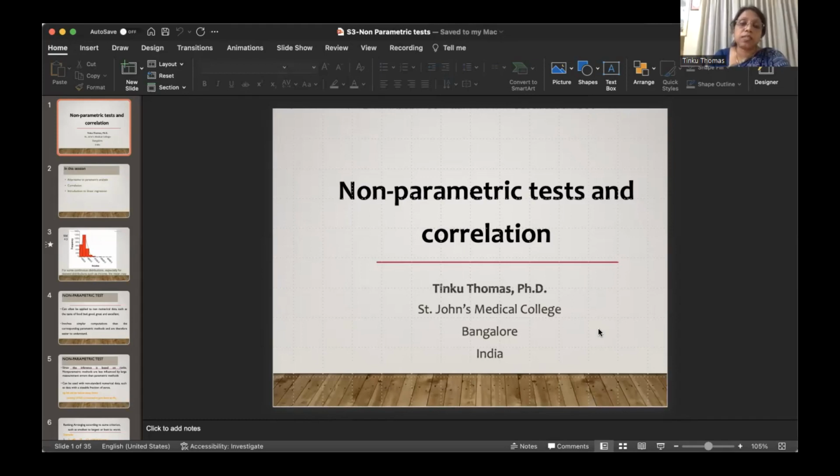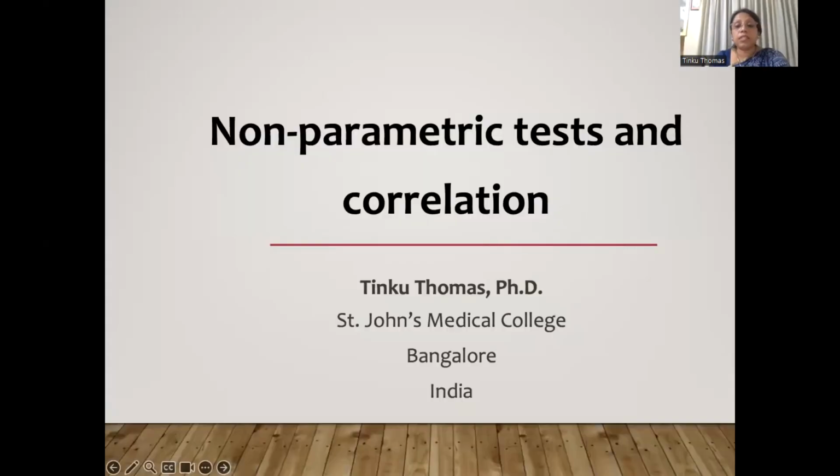There is an inherent assumption for those tests that the data should follow a normal distribution, so that representing the data as mean and standard deviation is appropriate. But what if the data does not follow a normal distribution, or the data is not symmetric? Then what is to be done is what we will see now. And in this session, we will also have a quick look at correlation and regression.